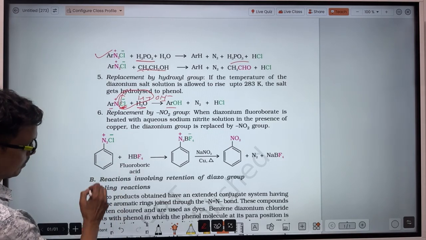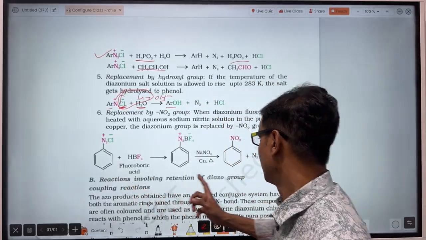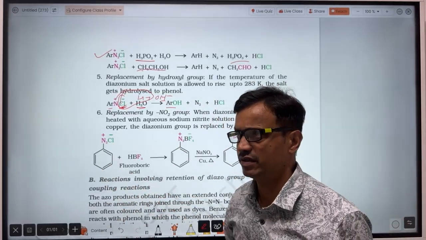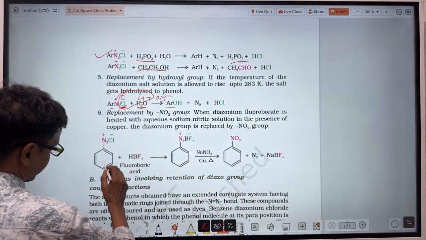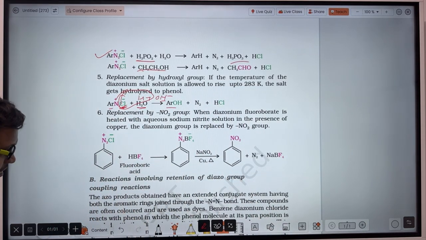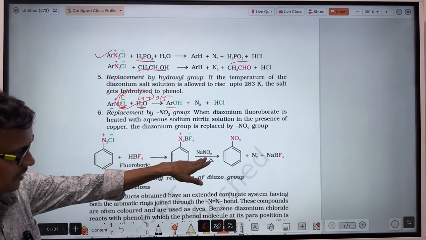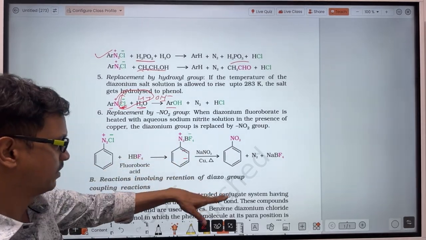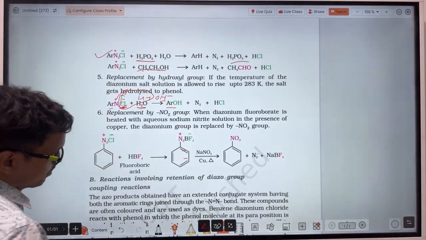Now the NO2 group. How do we prepare nitrobenzene from there? First of all, we react the diazonium salt with fluoroboric acid, so this compound will form. Then we treat it with NaNO2.